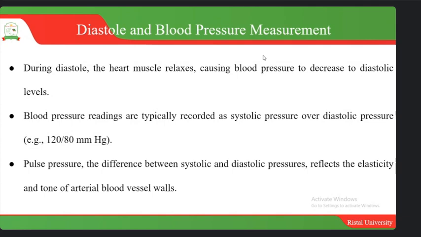Pulse pressure, the difference between the systolic and the diastolic pressures, reflects the elasticity and tone of the arterial blood vessel walls. So basically the blood is passed through the blood vessels, and when it passes through, these blood vessels have to constrict and relax in order to release the blood.